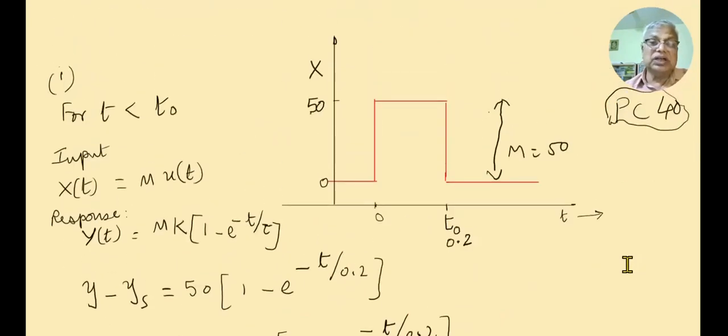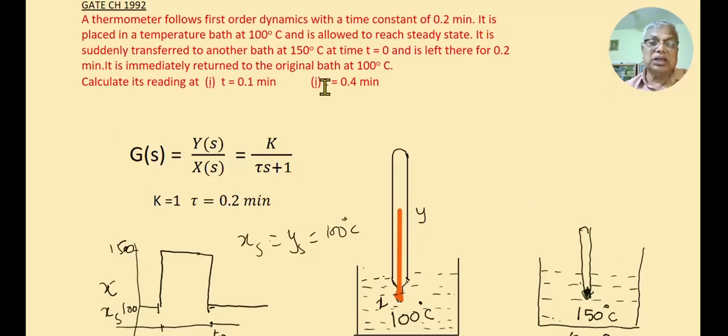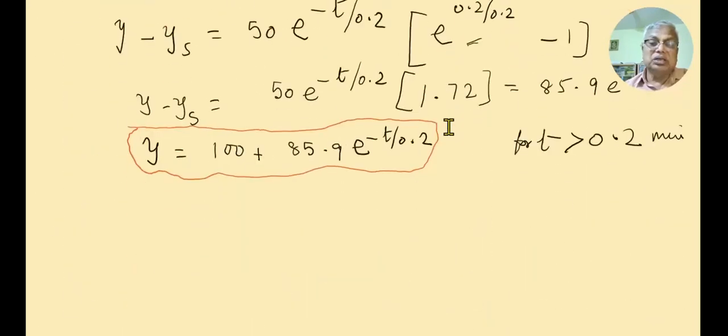Now the question is, find the value of thermometer reading at t equal to 0.4 minute. So all you have to do is substitute t equal to 0.4 minute here and then calculate.